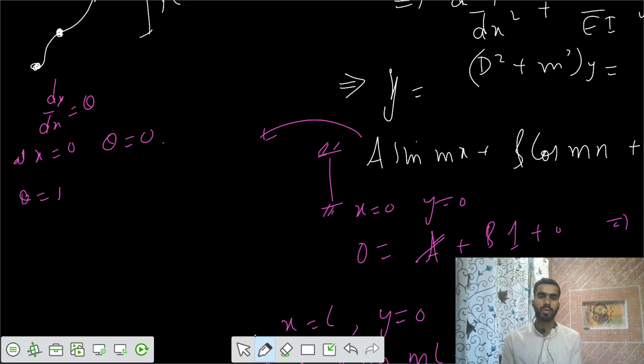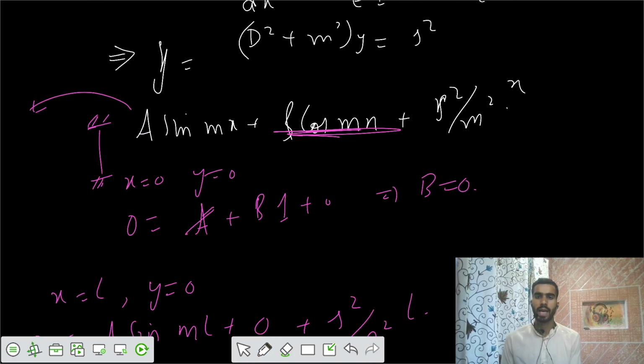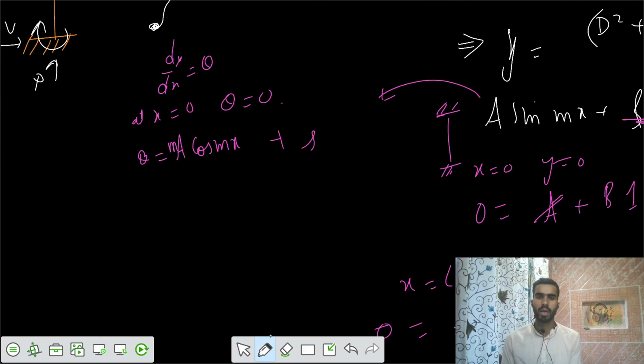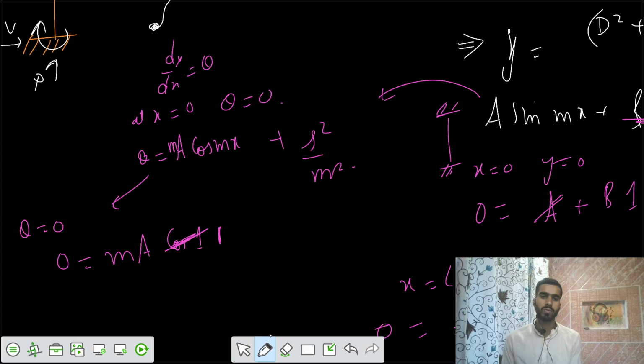That gives A cos mx into m, plus 0, plus s squared by m squared. Since theta is 0, substituting x equals 0 gives 0 equals mA cos 0, which is 1, plus s squared by m squared. So we get Am equals minus s squared by m squared.